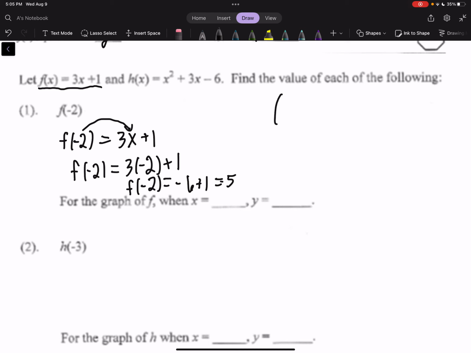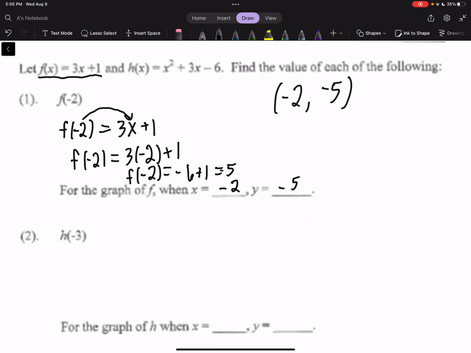Our point is negative 2, our x value, paired with our y value, negative 5. This is for the graph of f: whenever x is equal to negative 2, y is negative 5.